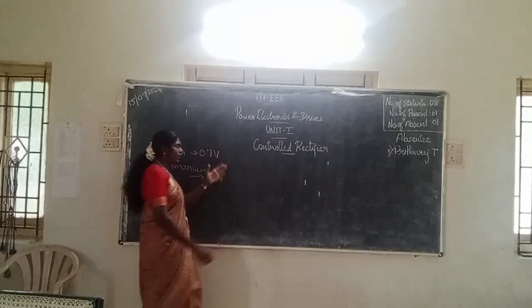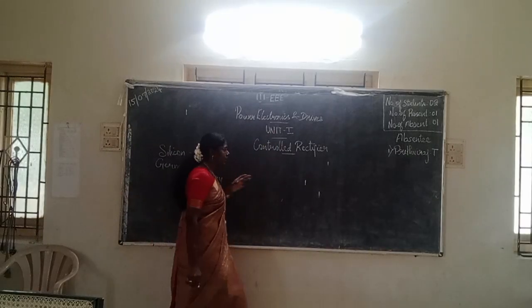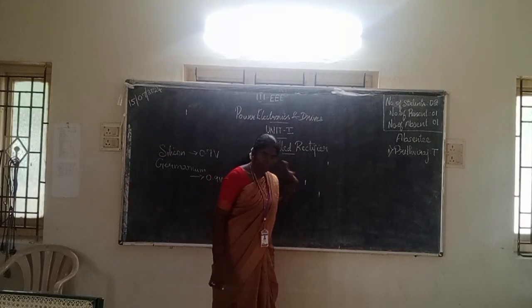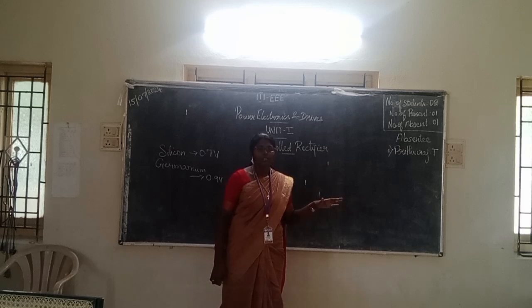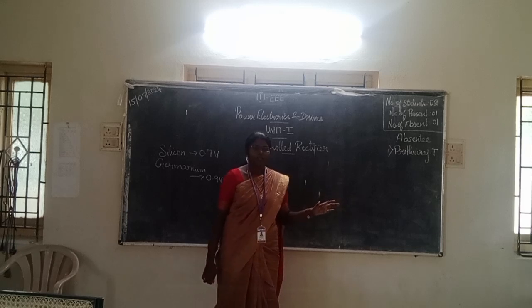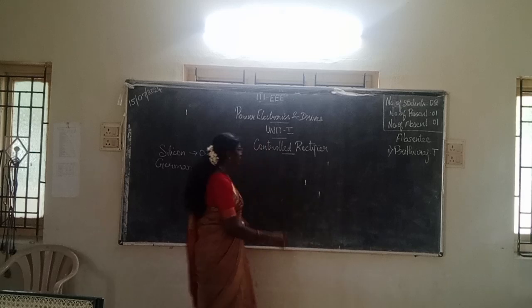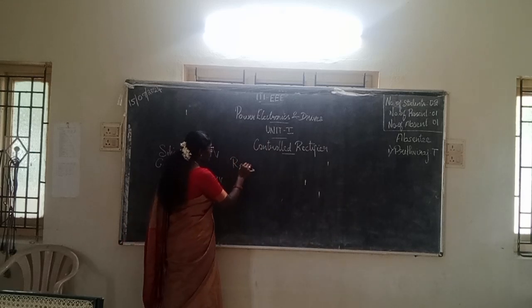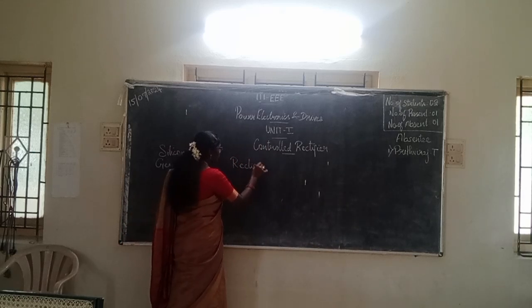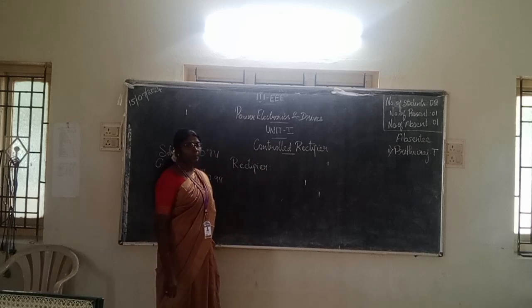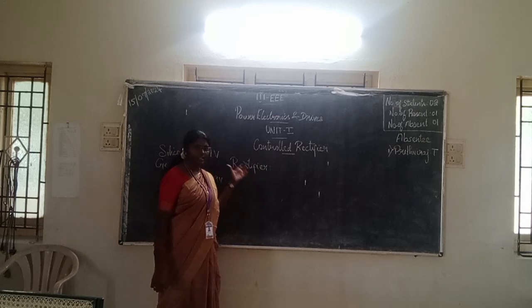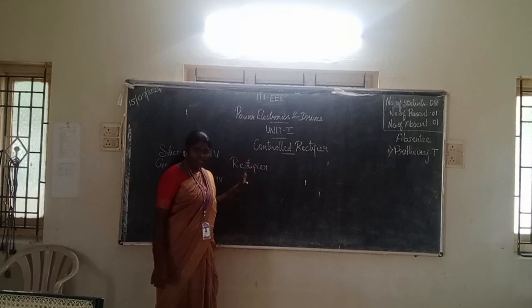So here, as unit 1, we will be studying about controlled rectifier. So rectifier means what, do you know? As an electrical and electronics engineer, you should know a rectifier is a converter.